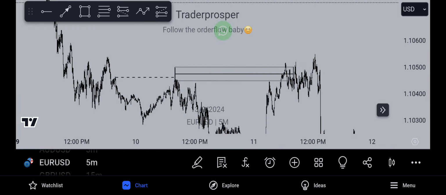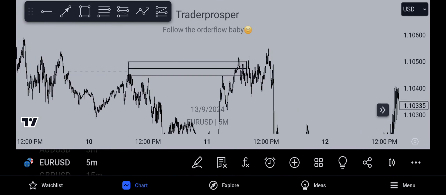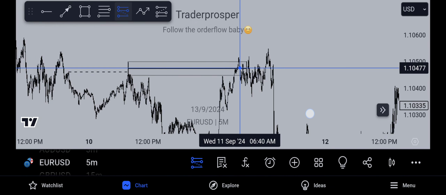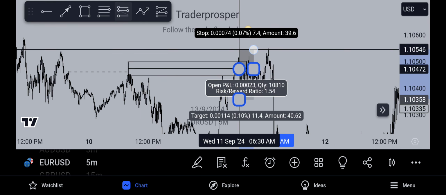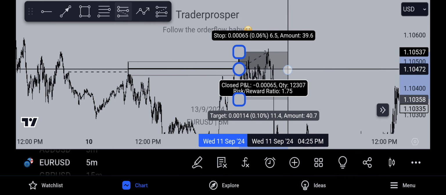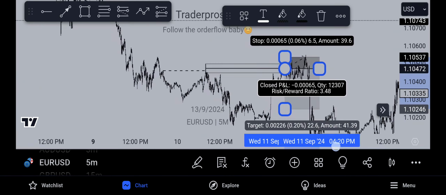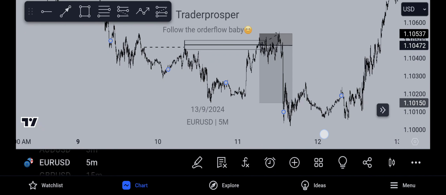But then I protected this high, this high. But the stop loss was really, really tight. I just took us out and then it went straight to TP.